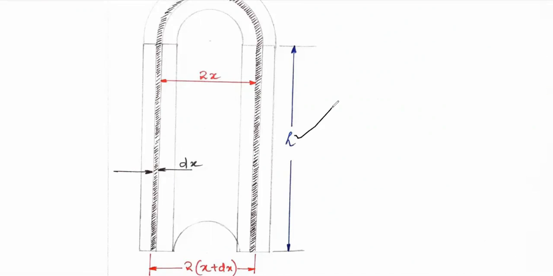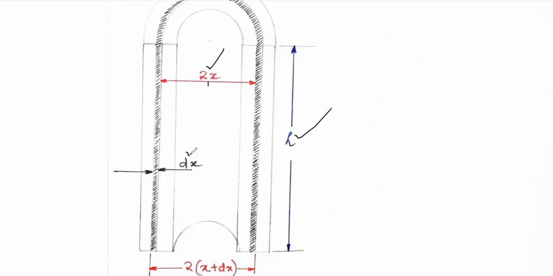Its length is L. I told you the element is at a distance of x from the center. If you take this as the center part, on this side you are having x and on the left side you are having x. So the total diameter becomes 2x. The radius was x, so the diameter became 2x.